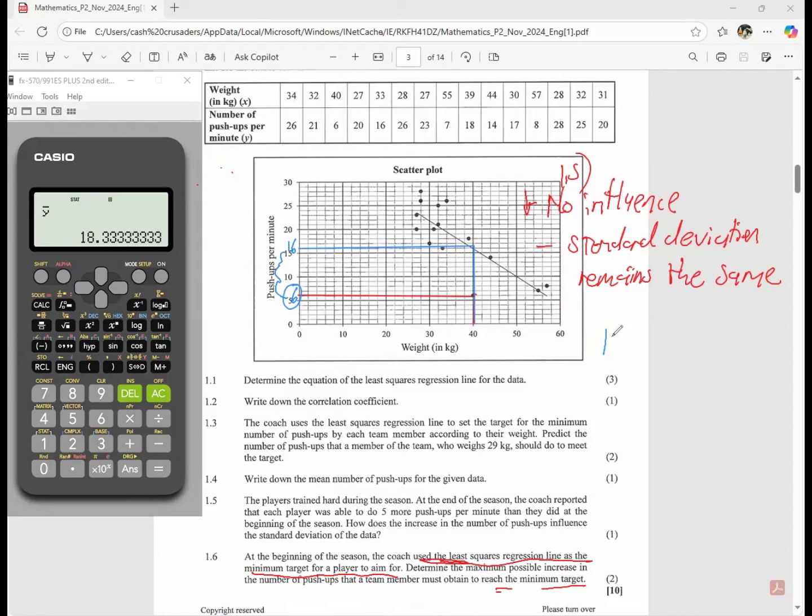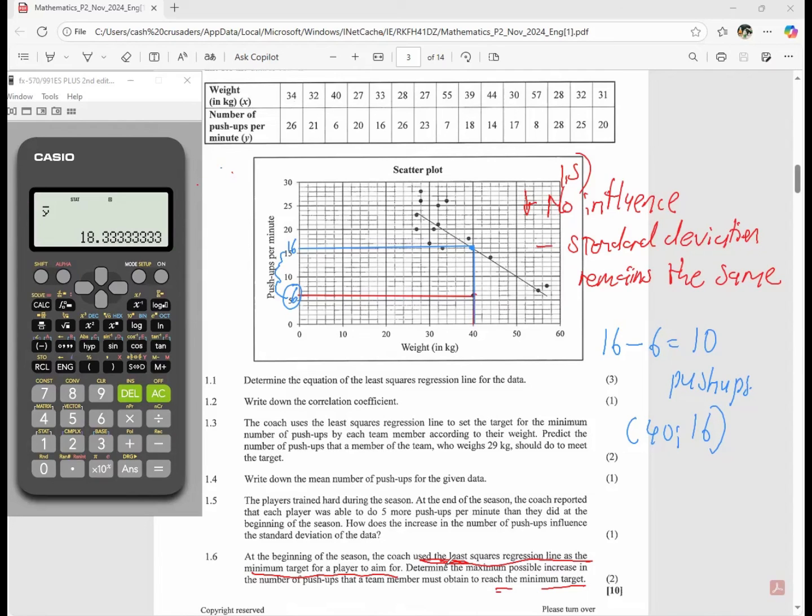So basically we would have to say 16 minus 6, and then this will give us what? 10 push-ups, right? 10 push-ups. So that it lands at what? 40:16. So there has to be a minimum of 10 push-ups that the team member does, so that they meet at least the minimum requirement of the least square regression line there.